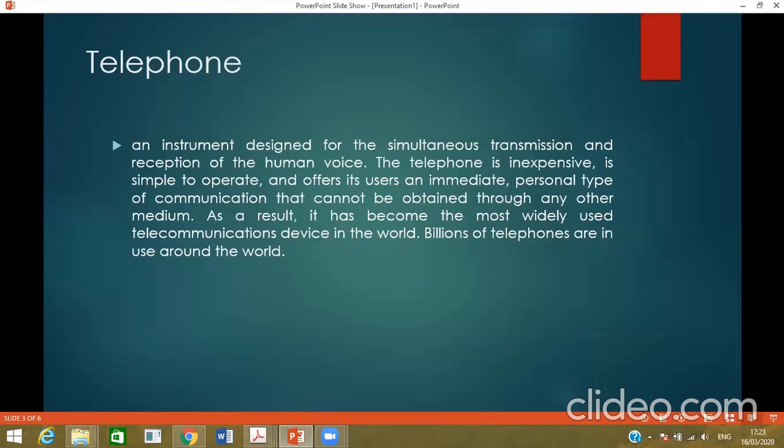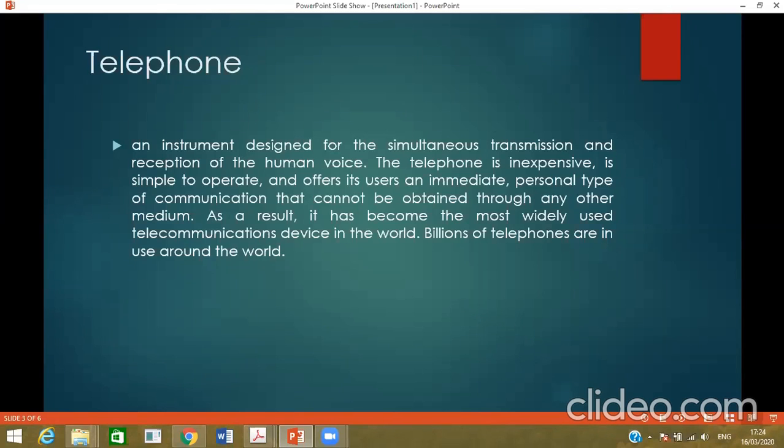The telephone, as a means of communication, is inexpensive, simple to operate, and offers its users an immediate personal type of communication that cannot be obtained through any other medium. As a result, it has become the most widely used telecommunication device in the world. Billions of telephones are in use around the world.